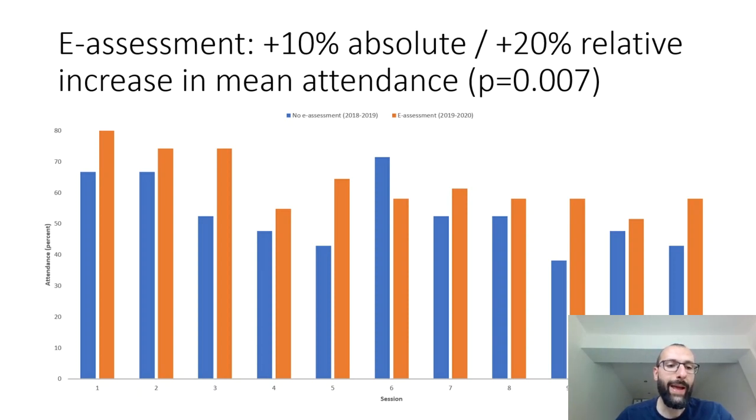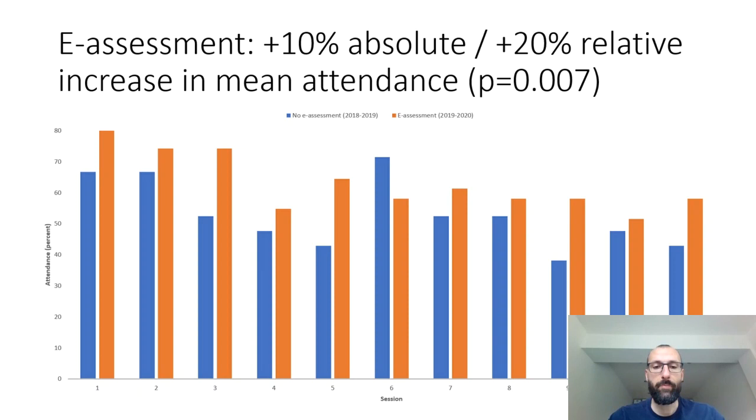And I'm plotting on the y-axis the percent attendance for each of these sessions. You can see at a glance how for all sessions, apart from session number 6, but for all the others, in the e-assessment cohorts, the percent attended was higher.